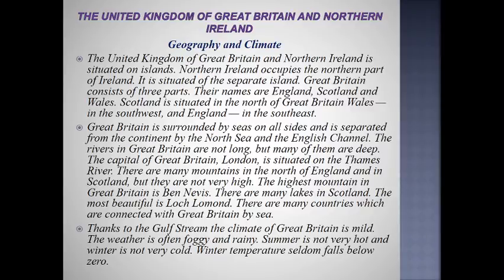Separated – to separate – відділяється. Thames River – річка Темза. Ben Nevis – гора Бен Невіс, найвища гора Великобританії. Loch Lomond – назва озера. Gulf Stream – тепла течія Gulf Stream.